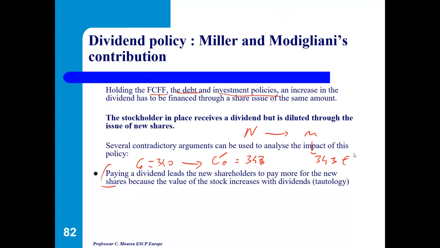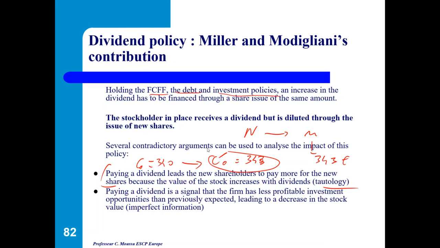But the problem is that that's not a reasoning. That's a tautology, a circular reasoning. You believe that dividend is good, pushes up prices. So of course it becomes interesting to pay dividend, because you will dilute your shareholders, but they receive more than the dilution. So this is not acceptable as an argument. That's just a belief.